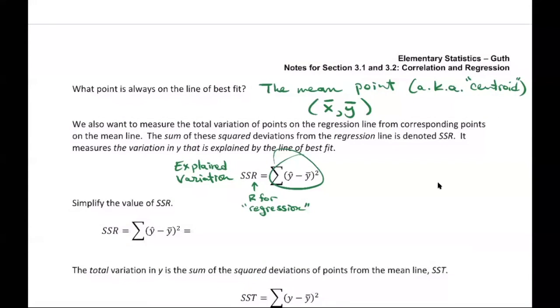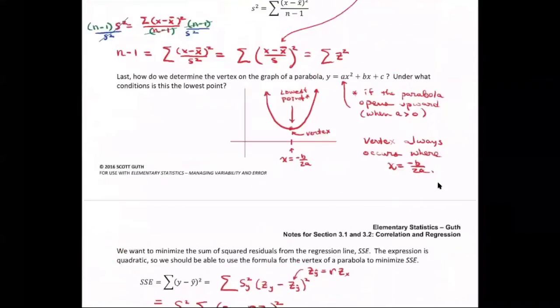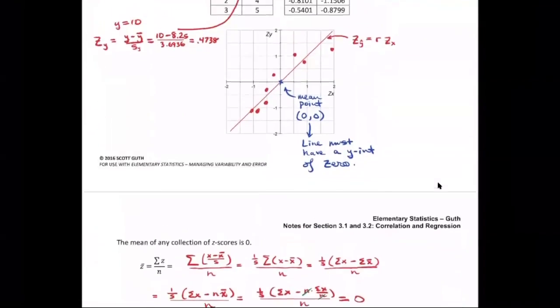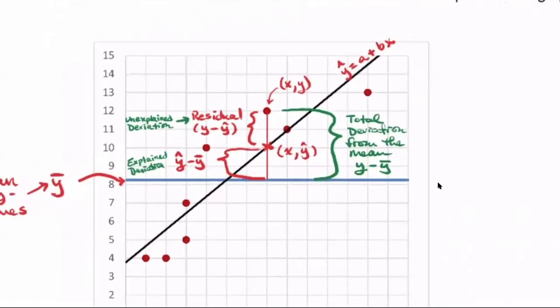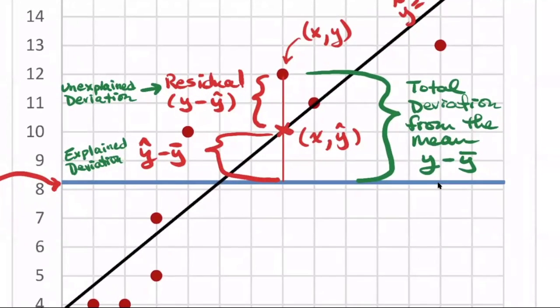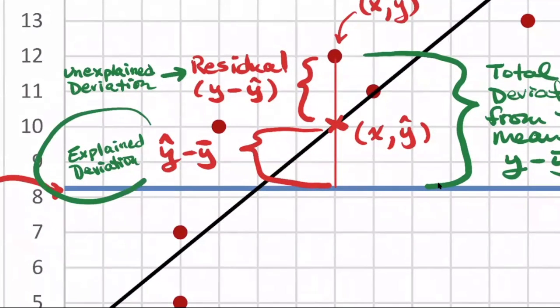Got it? If you go back to the graph we did way in the beginning. Remember, the explained deviation was y hat minus y bar. That's the difference between the mean value of y and the predicted value of y.